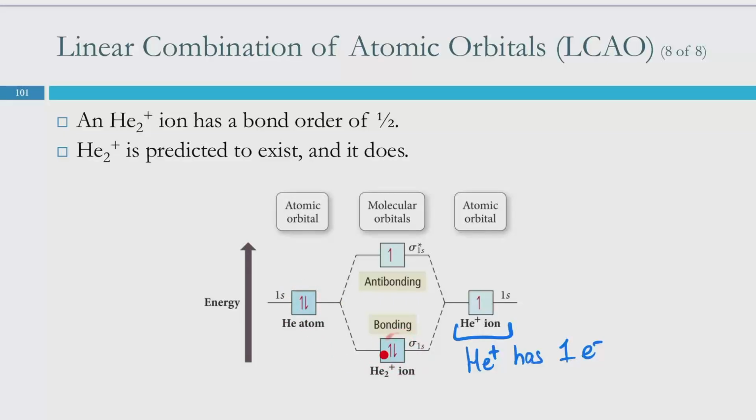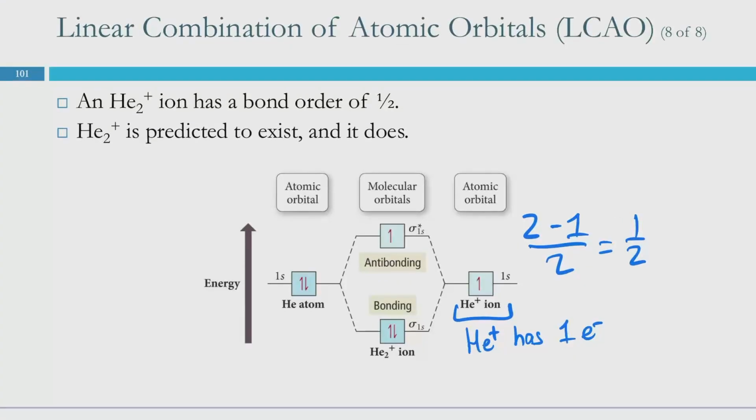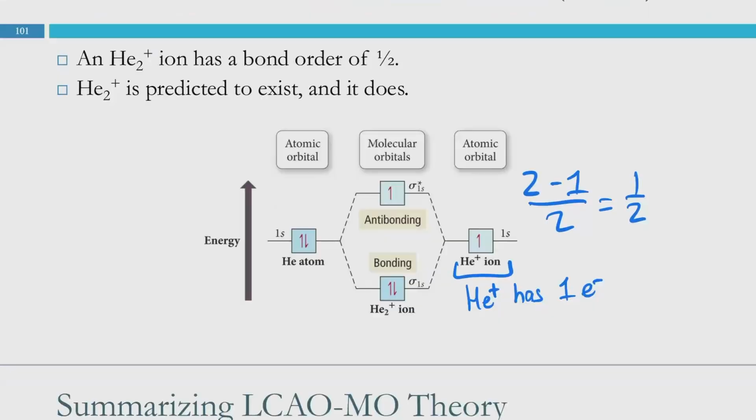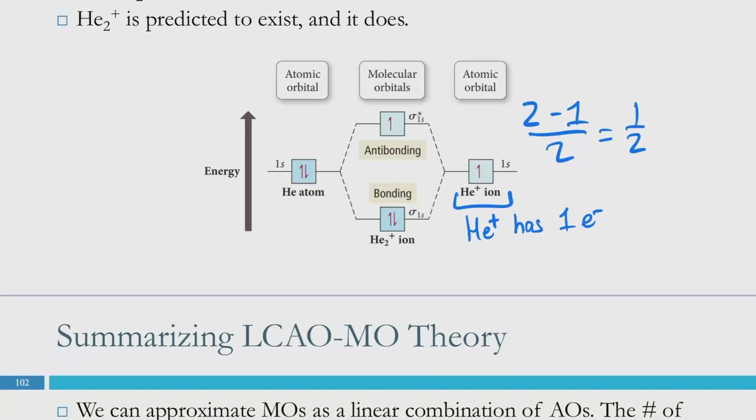We put 2 into the bonding, we put 1 into the antibonding. 2 minus 1 over 2 gives us a bond order of 1/2. That's positive, so this could exist. This is expected to be stable. It's not especially stable because its bond order is 1/2. That's not a very strong bond, but you should be able to make it or observe it somewhere.